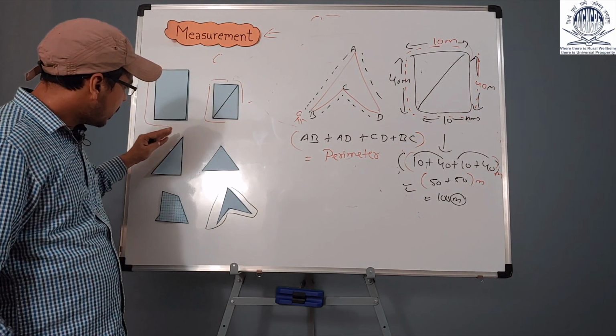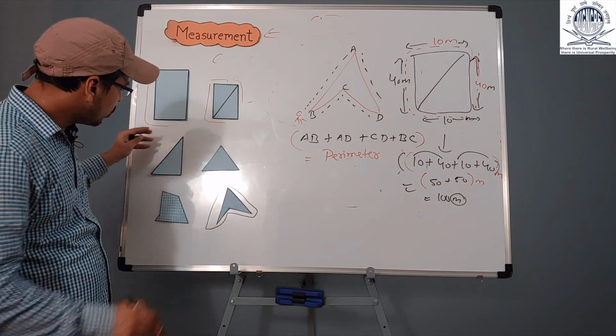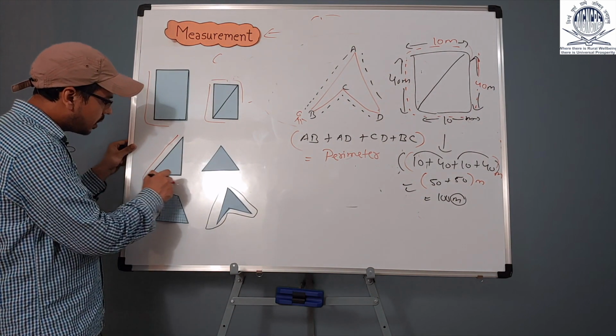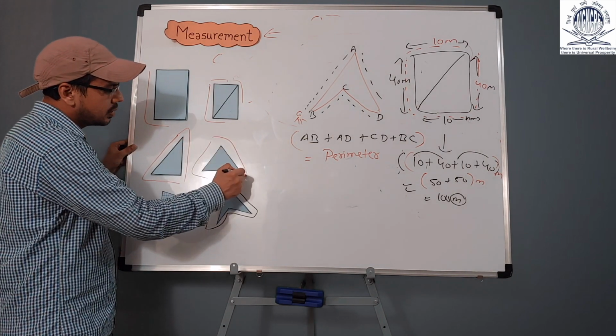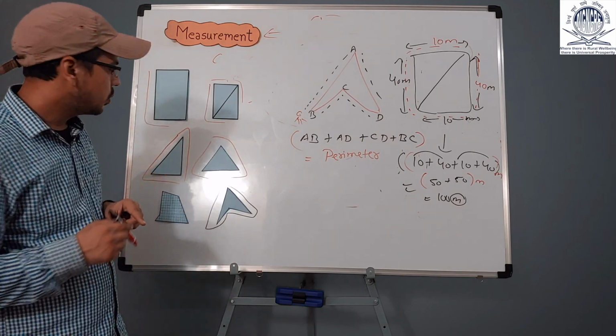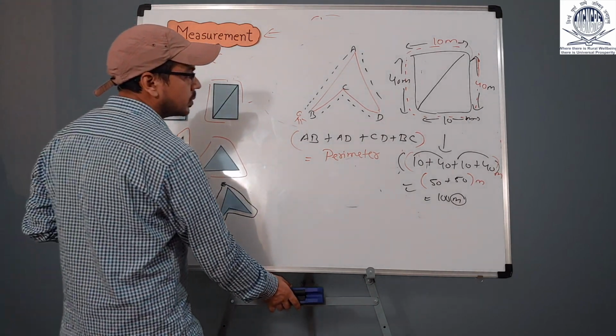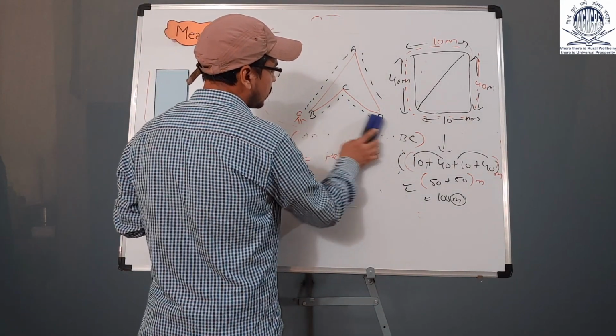Now what if I have a triangle shape like this? So we have two kinds of triangles. One triangle is coming like this over here, the other triangle is coming this way. So let's try to see these kinds of pictures as well, and what the perimeter can be. So I'll just rub this over here.